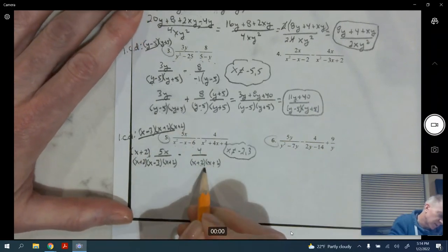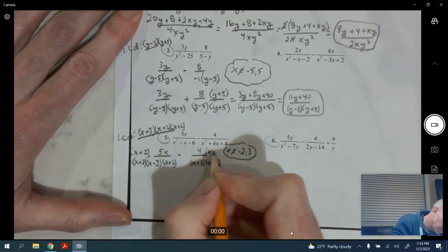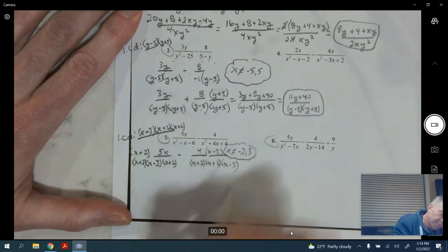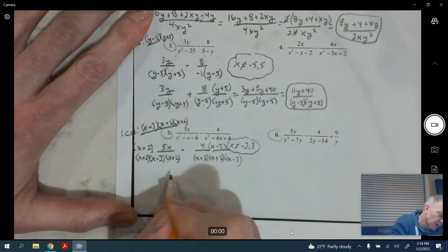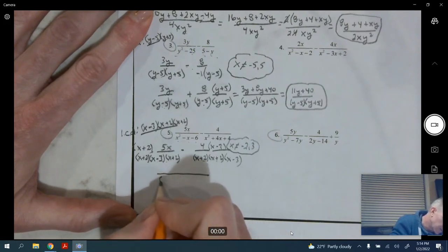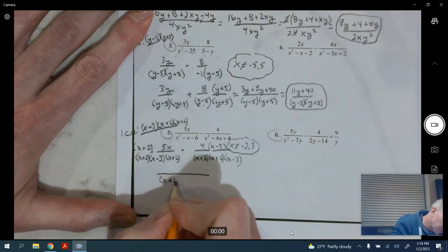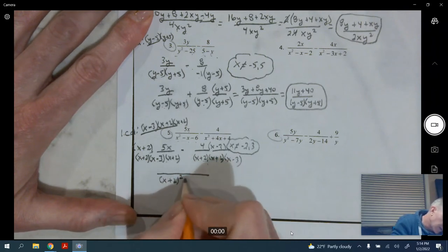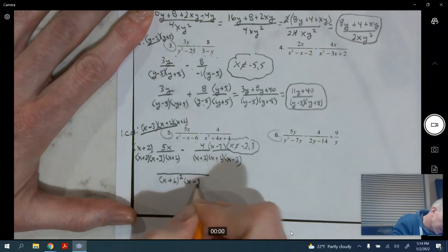This one needs the x minus 3, so x minus 3 over x minus 3. And our common denominator is going to be x plus 2 times x plus 2. We can call it x plus 2 squared, and then x minus 3.